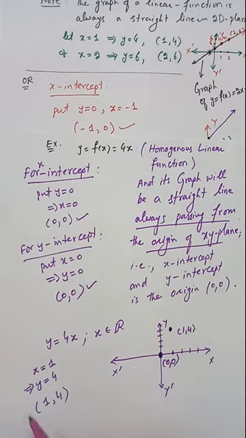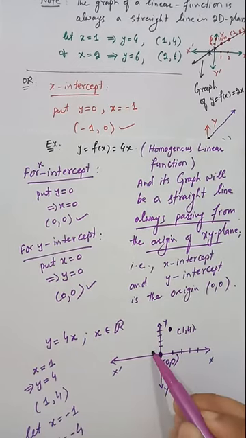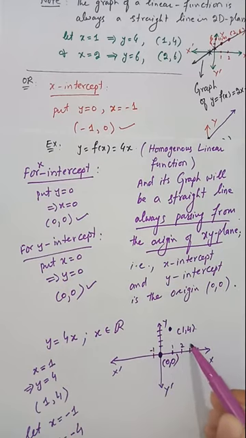So let's say I am choosing another point to make another ordered pair. So let x is equal to -1, because this is also in the domain. So you will get y equal to -4. So (-1, -4). So this is your -1, 1 2 3 4.